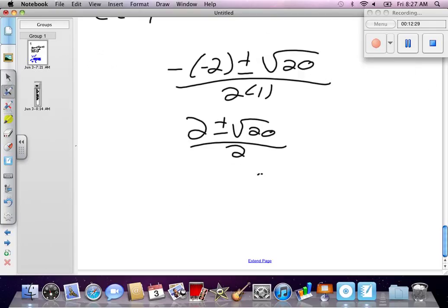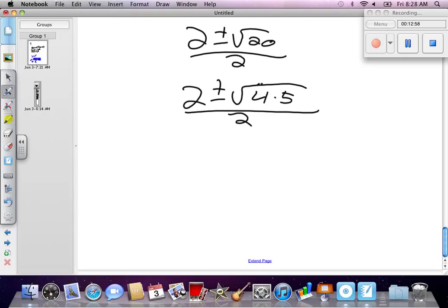Okay. Are there two numbers that multiply to give me the square root of 20 where one of them is a perfect square? 1 and 20, nope. 2 and 10, 3 doesn't go in there evenly. How about 4 and 5? 4 is a perfect square. So I get 2 plus or minus, oops, I don't know why I wrote 2 there. 2 plus or minus the square root of 4 times 5 over 2.